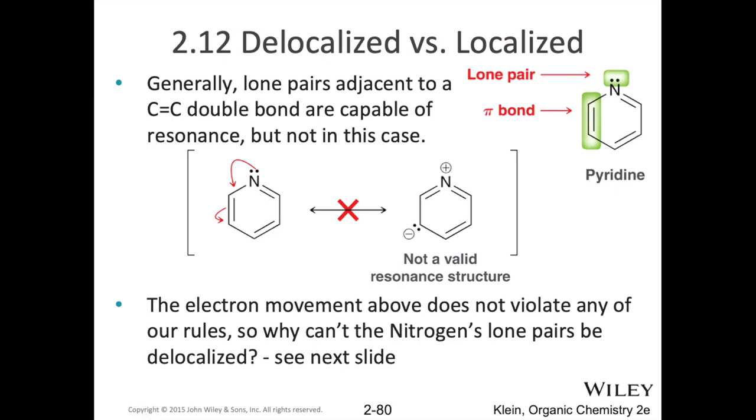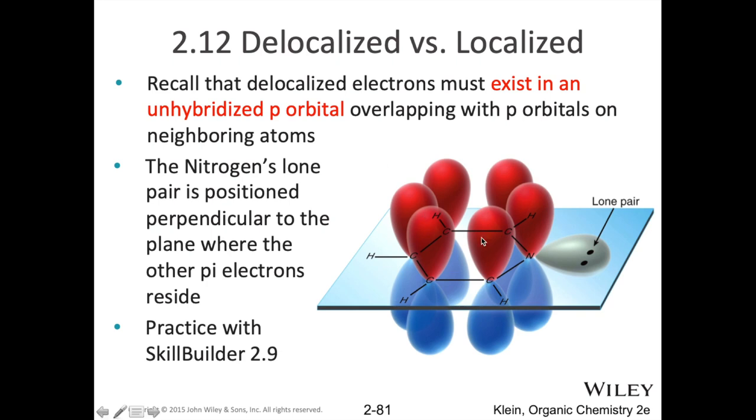This will be a little more apparent in the next slide. You can see here that the p orbital on that nitrogen is used to form that double bond with the carbon next to it. So that other lone pair is actually in an sp2 hybrid orbital, not in an unhybridized p orbital, and therefore it cannot be used in resonance.